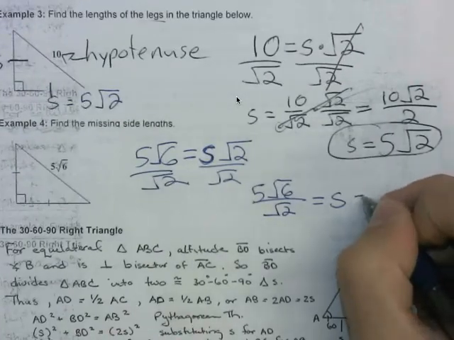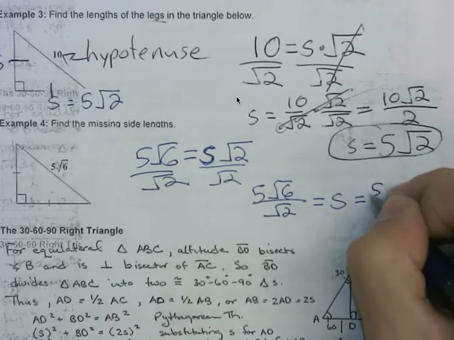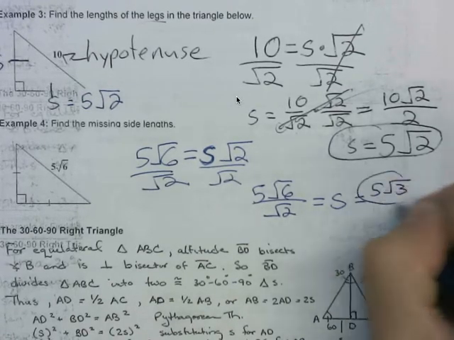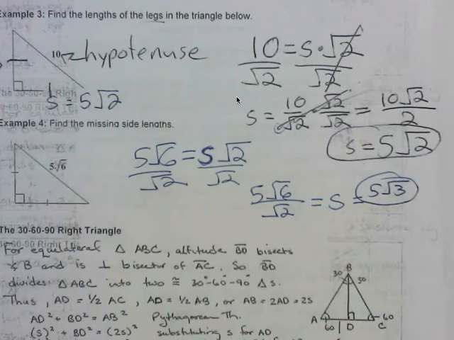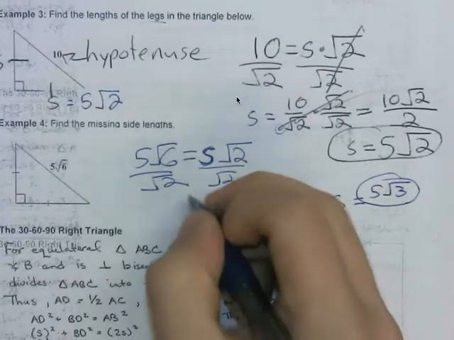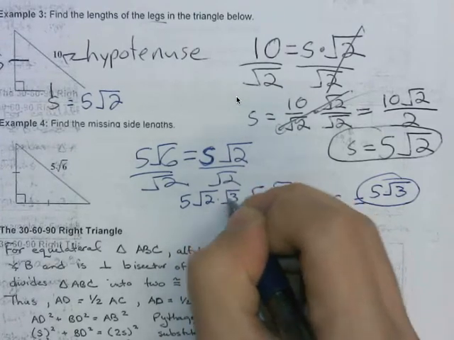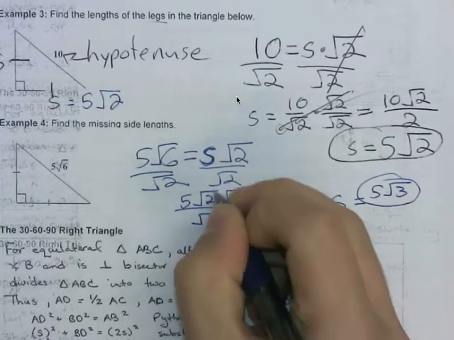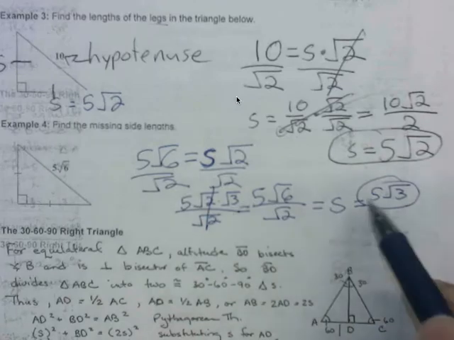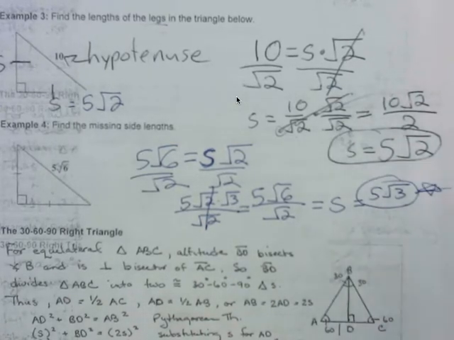And that would leave me with 5 square root of 3 for our side length. If you're not convinced this can be done, square root of 6 can be rewritten as square root of 2 times square root of 3 over square root of 2. Square root of 2 cancels, so 5 root 3 is left over. Easy.